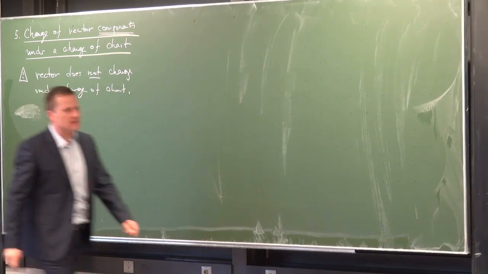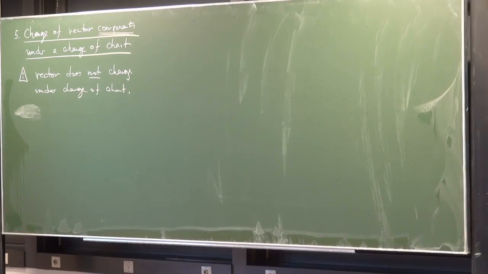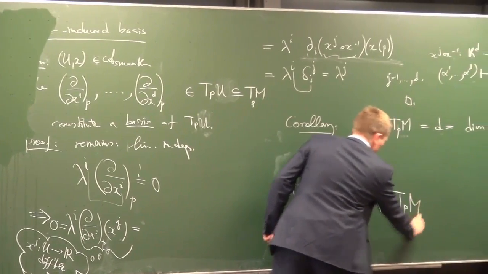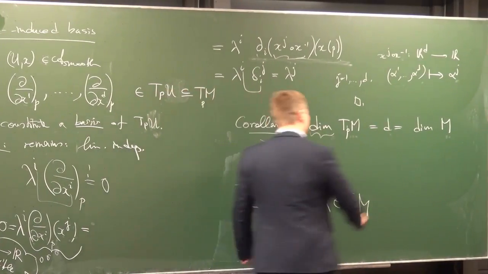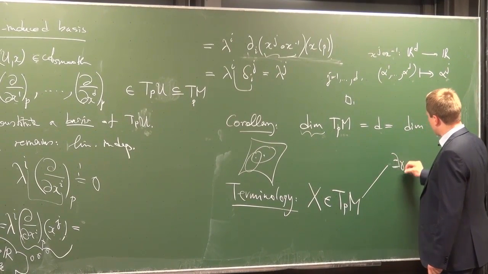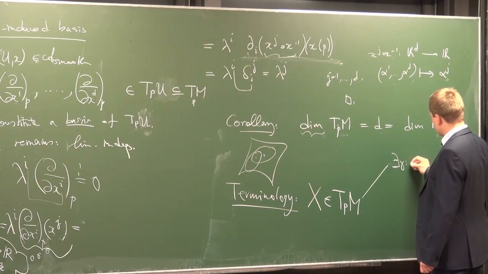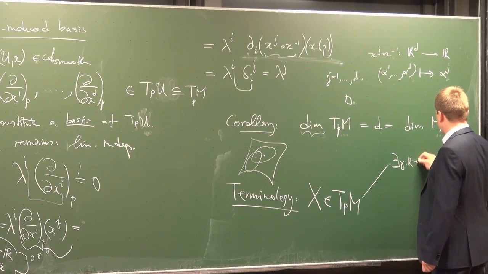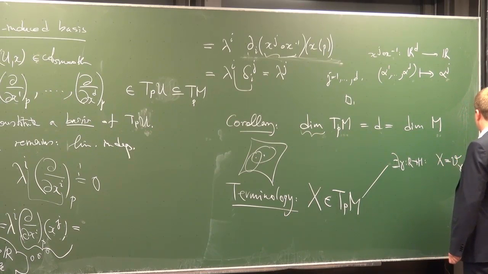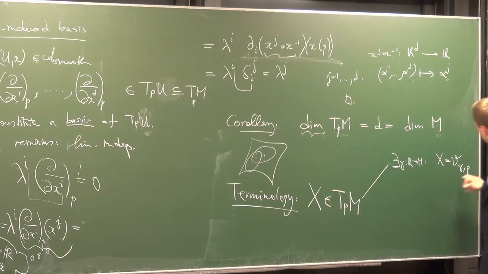I should have maybe added some terminology here. I'm sorry. Terminology. If X is an element of T_pM, then you know two things. The first thing you know is that there always exists a curve gamma such that X is the velocity of some curve through that point p.